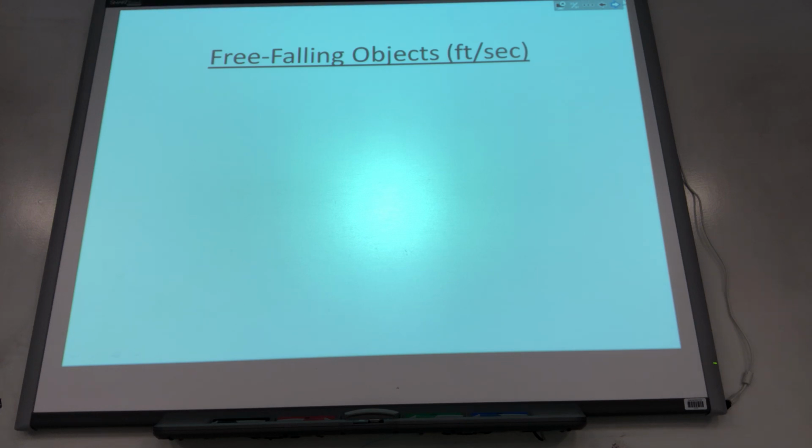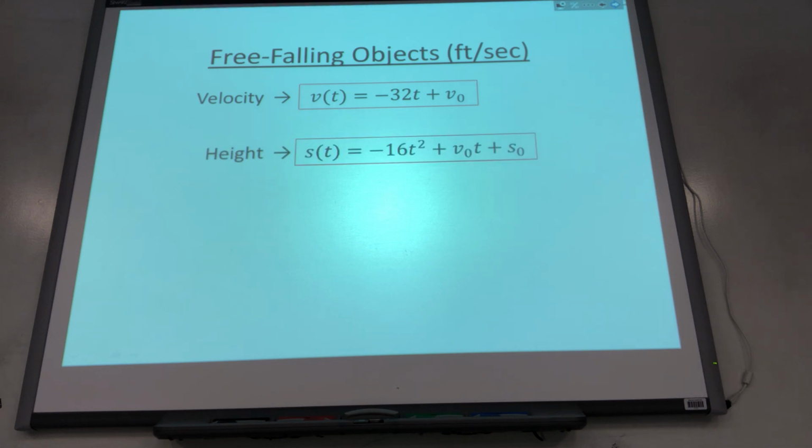You will only have to be in feet per second. And I'm going to put the formulas back up here in a second too, in case you're making your cheat sheet right now. But velocity and height, those are the two formulas that you'll need. You just don't have to worry about it in meters. So just feet per second. And here they are.